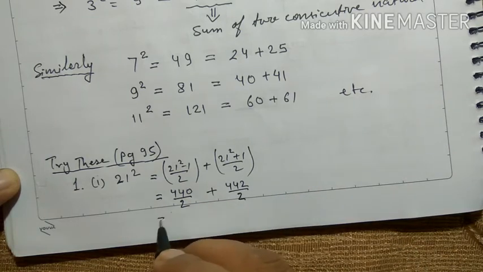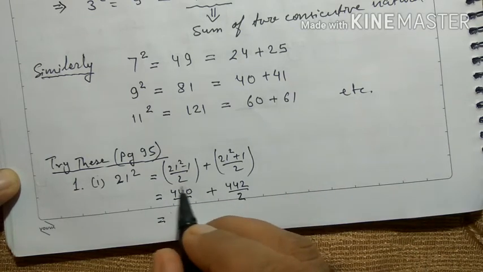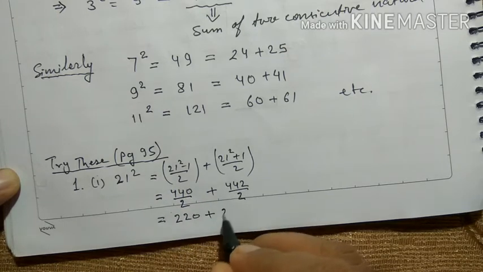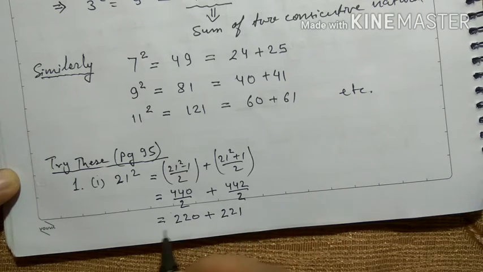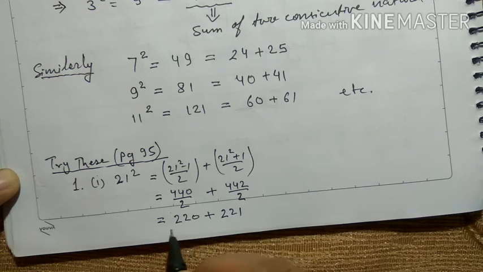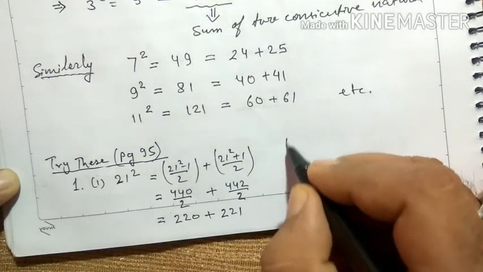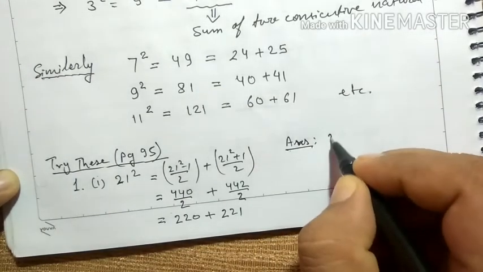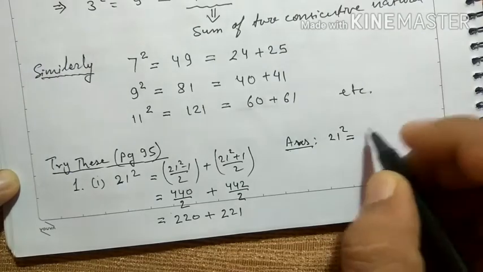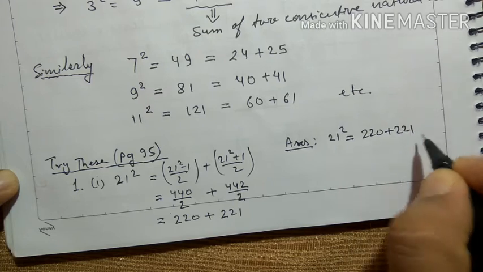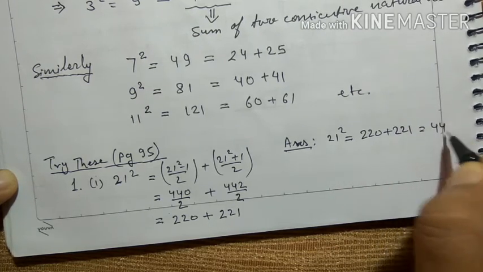And this will be equal to half of 440, which is 220, plus 221. If we add both of them, we get 441. So in the answer we can write 21 square is equal to 220 plus 221, which is equal to 441.